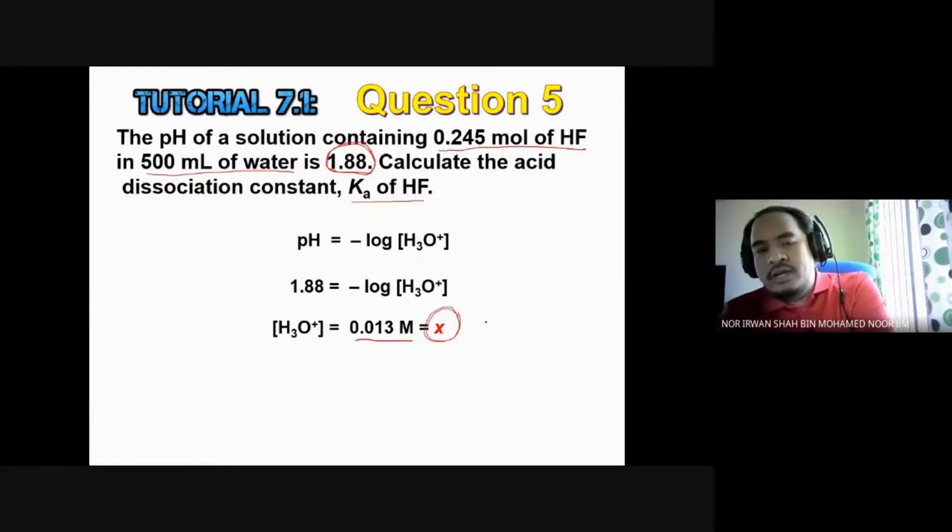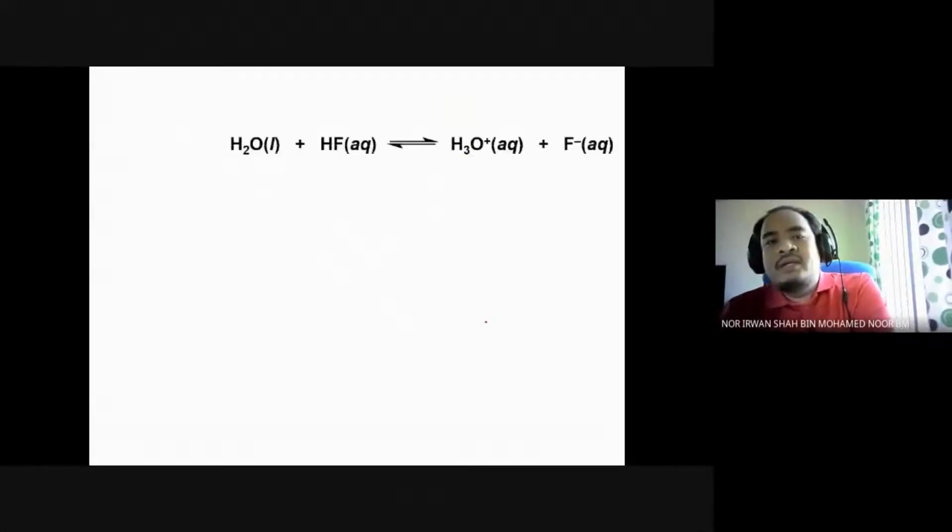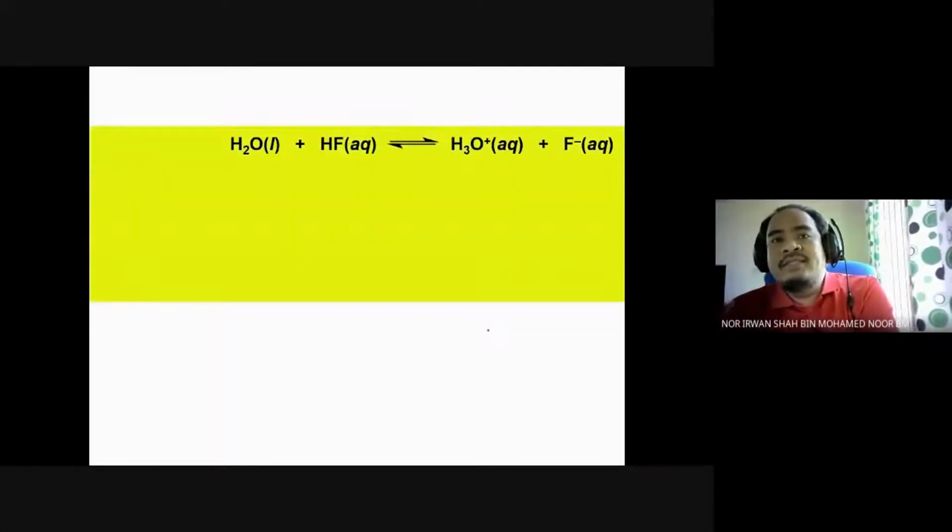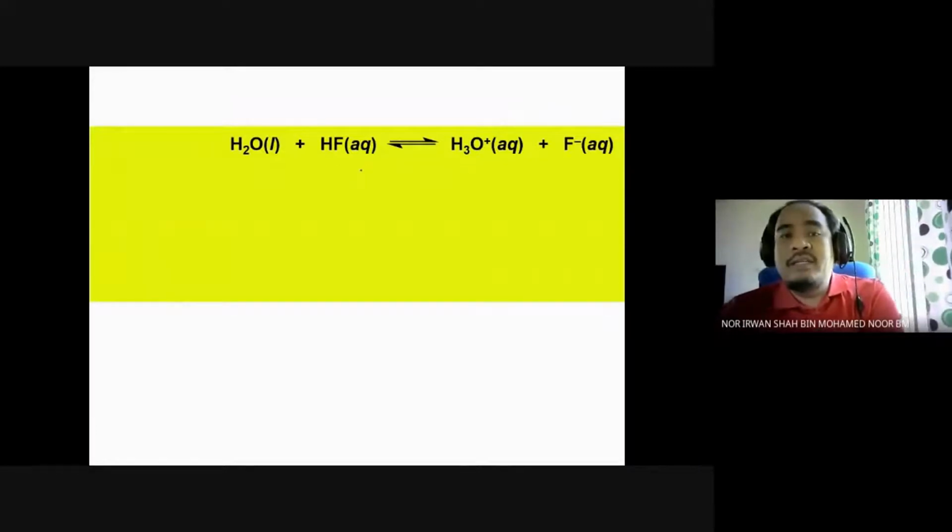Okay, and then next, what should we do adalah kita akan construct the ice table. So apa? Sebab ini hydrofluoric acid. Remember, hydrofluoric acid is a weak acid. So bila weak acid in water, dia akan slightly ionize into hydronium ion and also fluoride ion. So that's why kita kena construct the ice table.